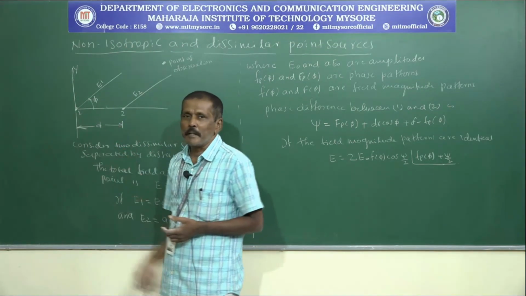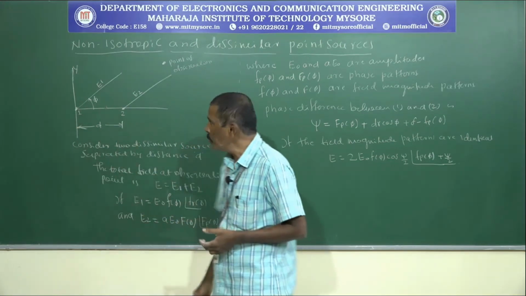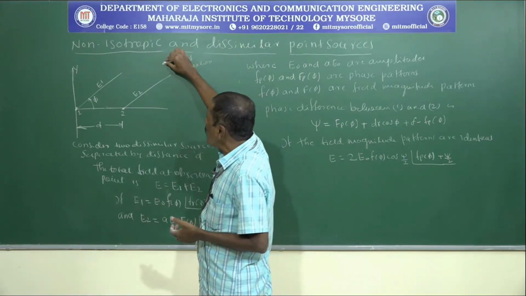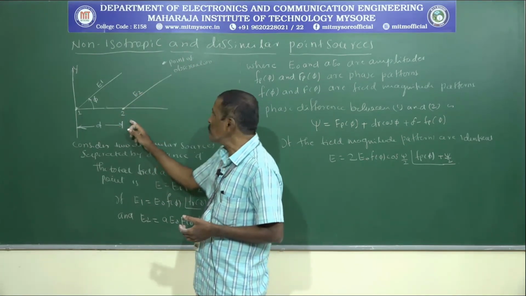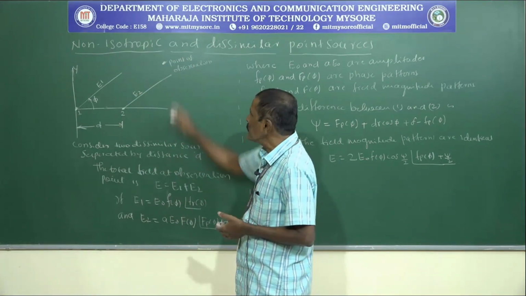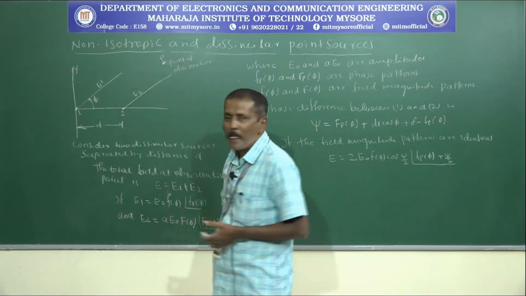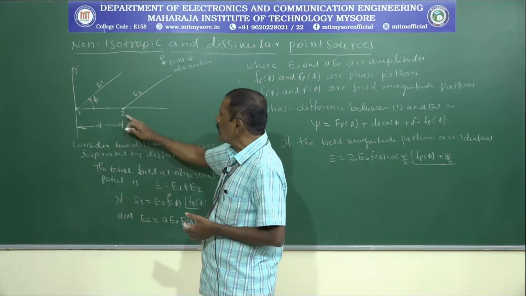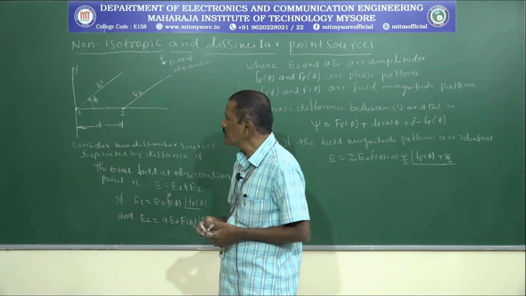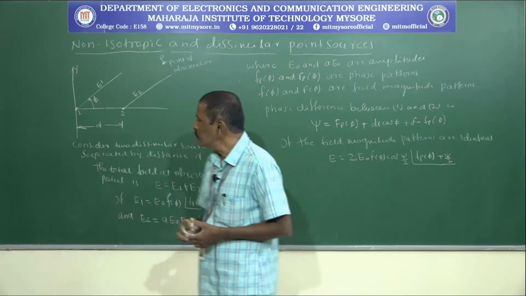Now, for simplification purposes, only two sources are connected, source number 1 and source number 2, and we are observing the field strength due to these particular sources at the point P. Therefore, point P is the point of observation, and the field produced by source 1 is E1 and the field produced by source 2 is E2, and this is the angle.